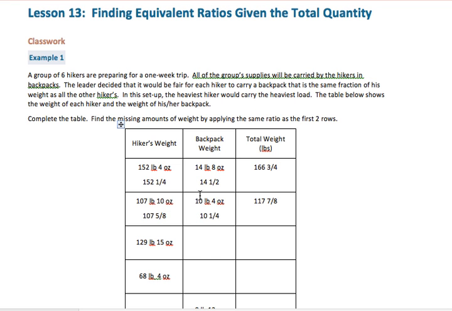Then we would go back and calculate the rate for each of these. And the rate when we find it would be 2/21.